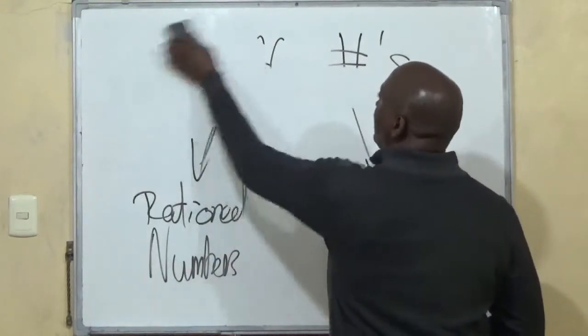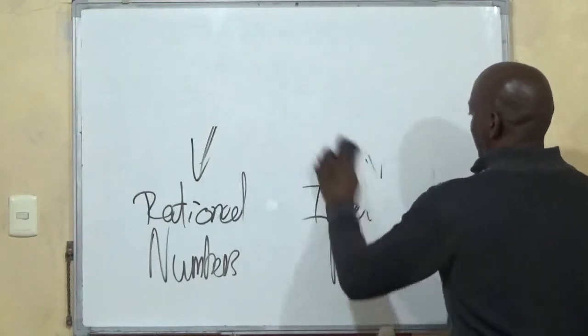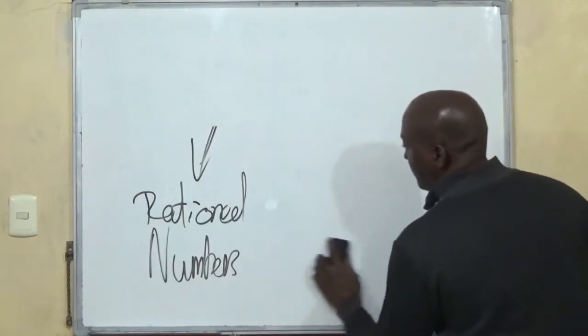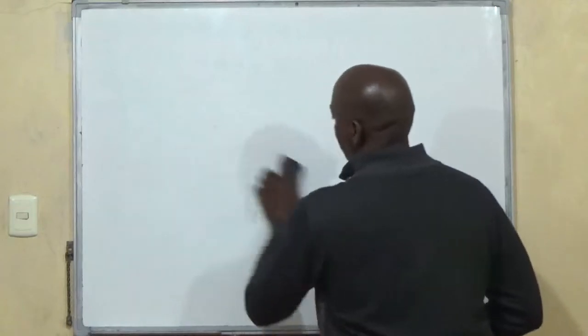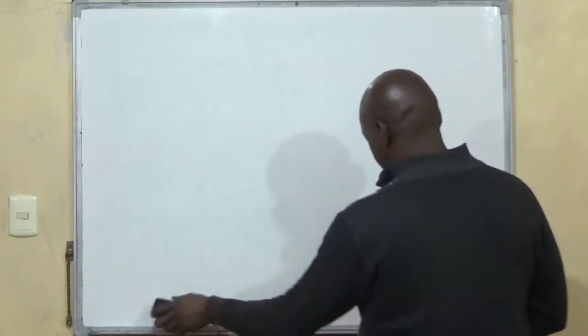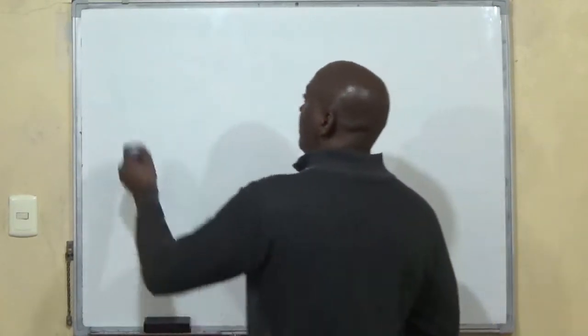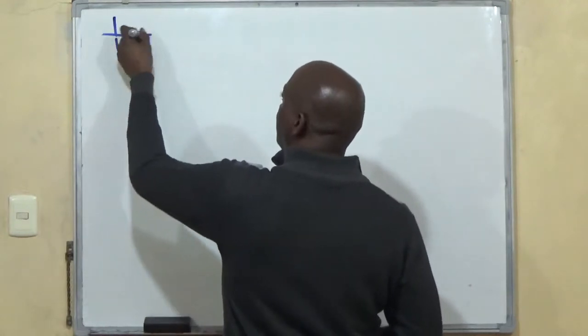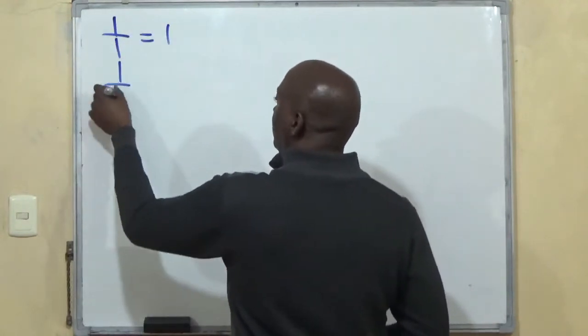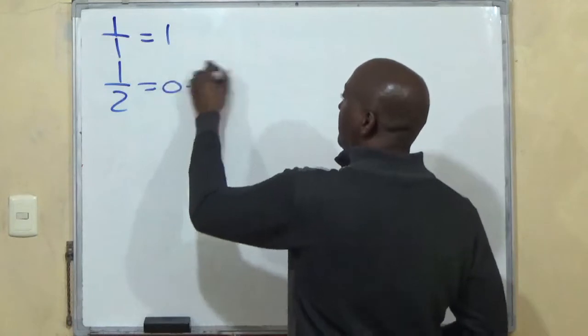Instead of 10, let me start with 1. 1 divided by 1 is 1. 1 divided by 2 is 0.5.